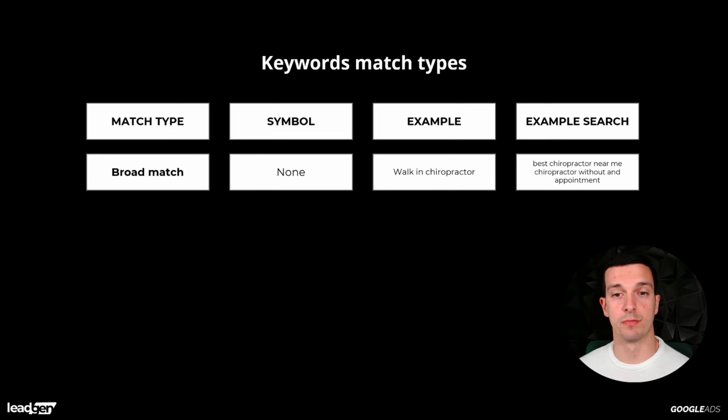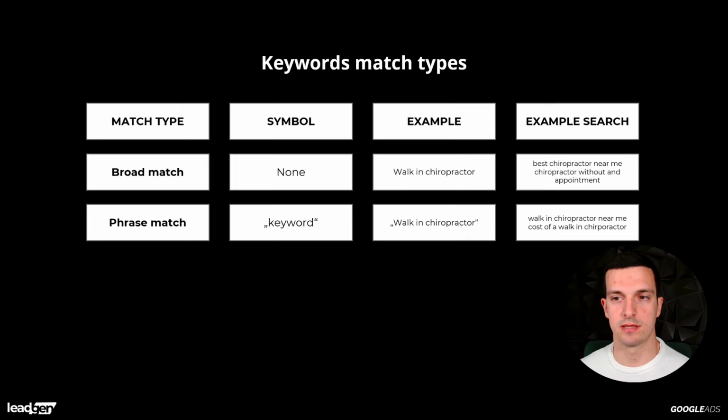So with broad match, if you type in just walk-in chiropractor, you give Google a lot of the control, and sometimes Google will just spend your money to try to bid on similar keywords. I don't recommend starting with this. We're gonna start with a different match type where we have a little bit more control, and then later when we have conversions and optimized events, we can test out the broader match, and basically with a good negative keyword list it can work out well.